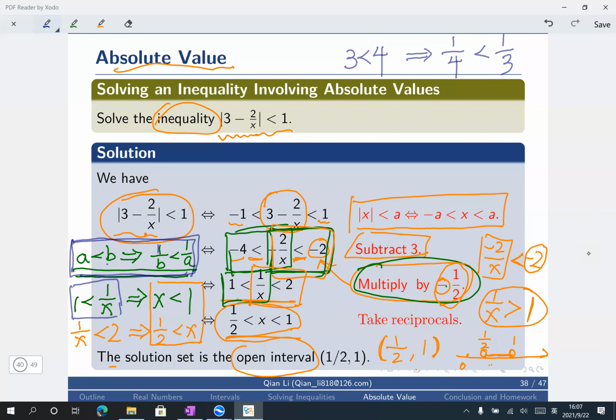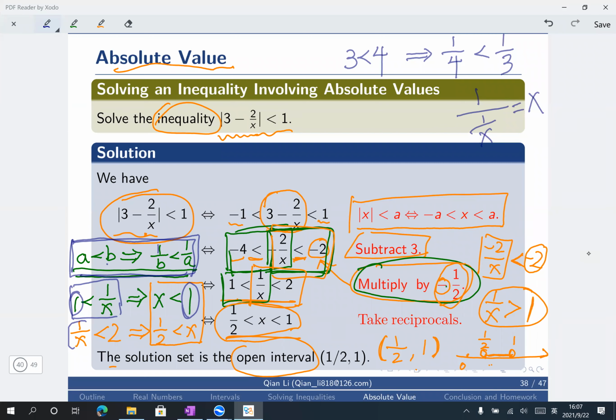This math is not clear. The last line is not clear. Let's say if this is 1, then we use 1/1 is equal to 1, right? And if we use 1 divided by 1/x, we get x, right?